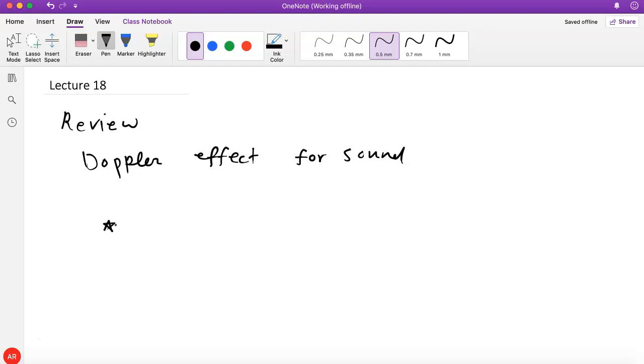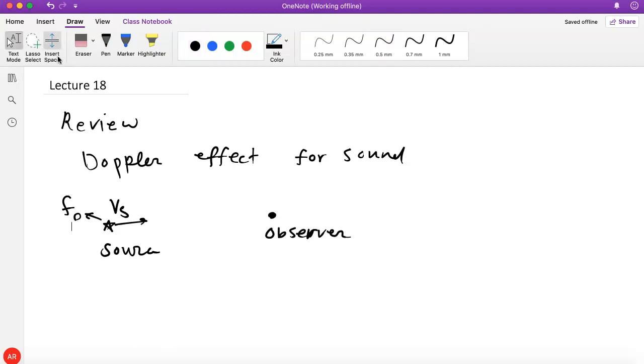One is you have a source that's moving at speed, let's say Vs, and you have an observer. The source emits sound with frequency f naught, the natural frequency of the source.